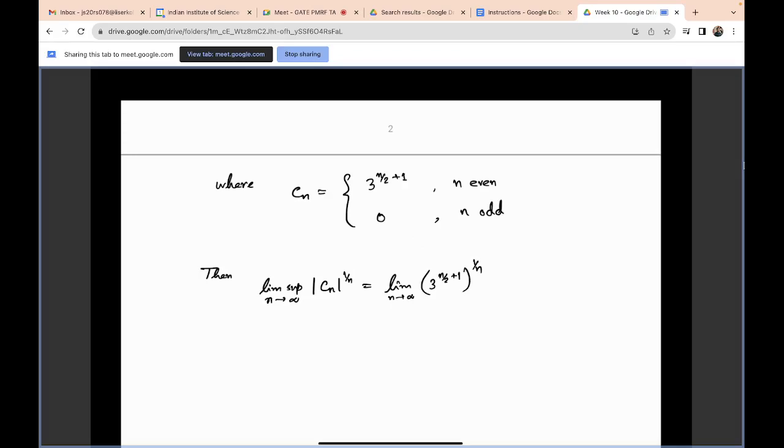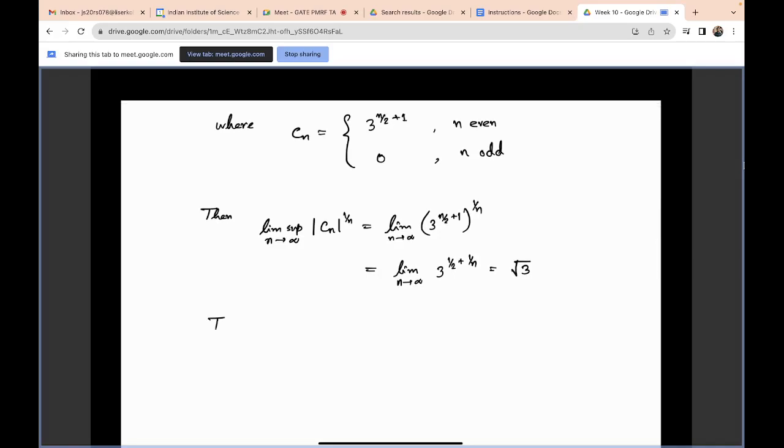Because the other sequence goes to 0 and this will be the bigger limit. And what is the limit of this sequence? Limit as n tends to infinity of 3 to the power 1 by 2 plus 1 by n. So the limit is basically root 3.